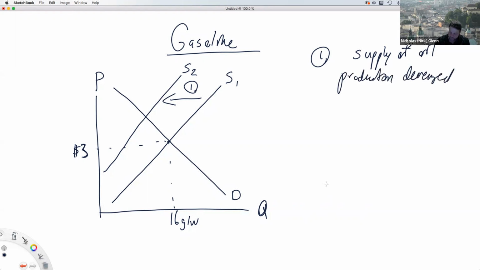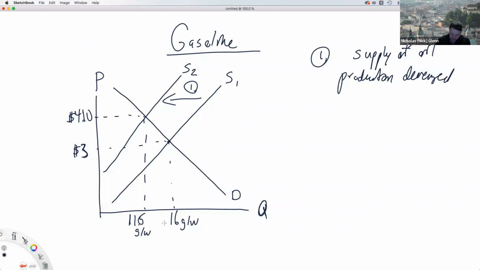Now, how do we know that? Using this diagram, we can see it because we know that the price went up to $4.10, and the amount consumers bought each week went from 16 gallons a week to 11.5 gallons per week.